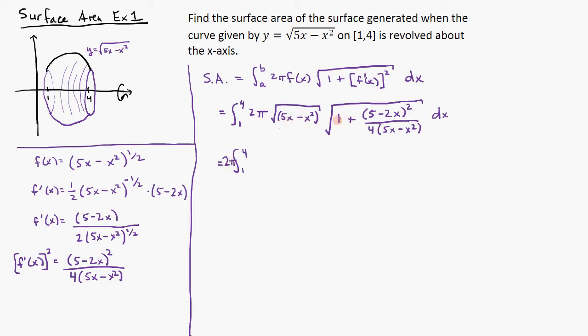So this expression times 1 gives you 5x minus x squared. And if I multiply this expression by this fraction here, this cancels out with this part of the denominator. What's left over is the quantity 5 minus 2x squared over 4.